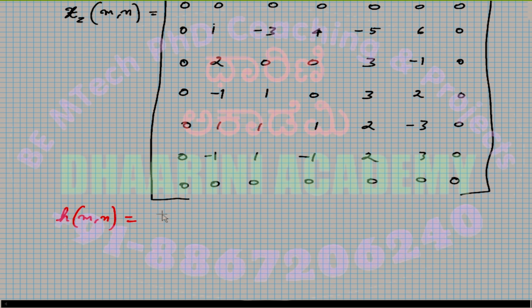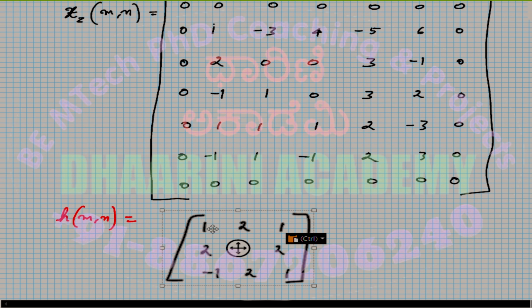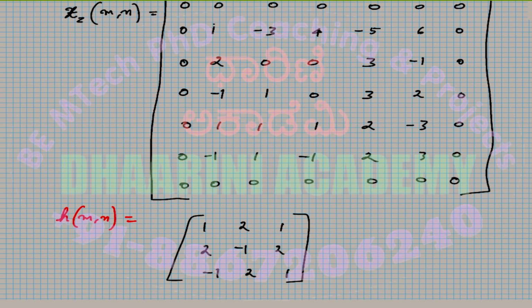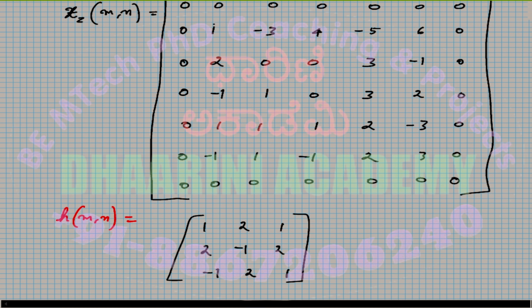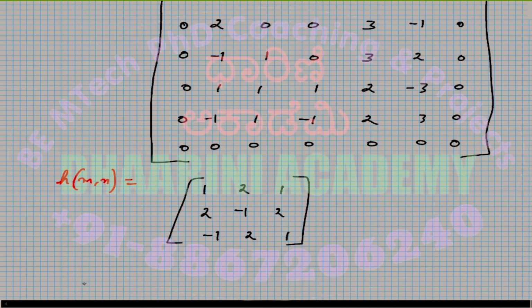Okay, this is the H. Now start performing the convolution. My answer begins from y of 0 comma 0, or y of 1 comma 1. That's the easiest notation. Please do that. Y of 1 comma 1.